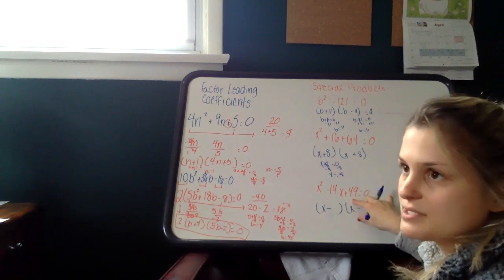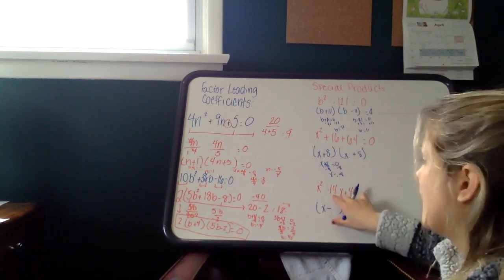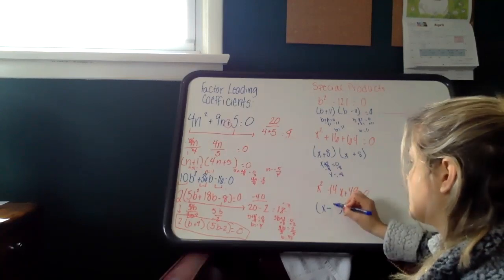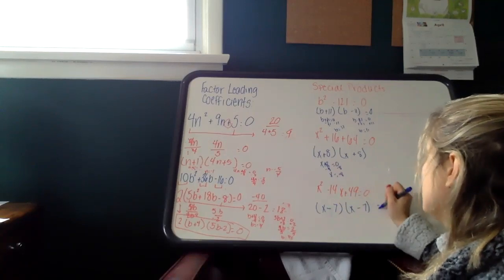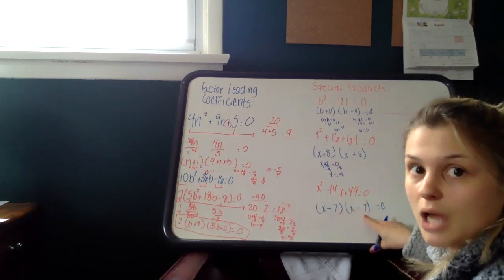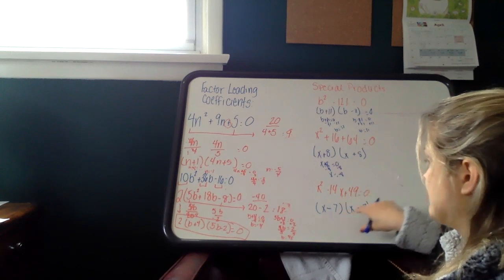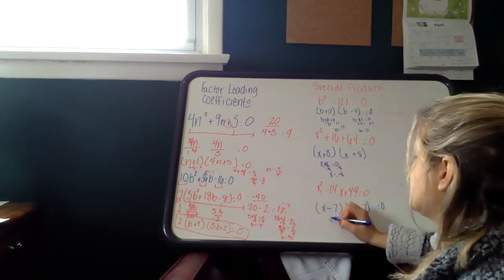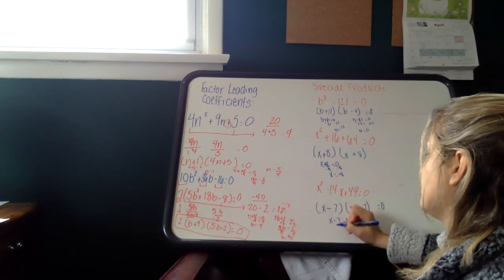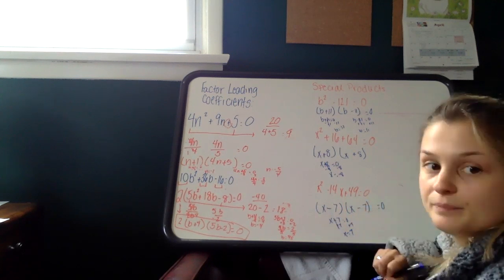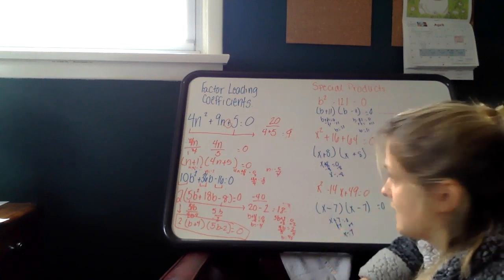What multiplies to equal 49 and then adds to be negative 14, right? So in this case, negative 7 and negative 7, because negative 7 times negative 7 equals positive 49, but negative 7 plus negative 7 gives you negative 14. So then you would just do x minus 7 equals 0, add 7 to get x alone, x equals 7.